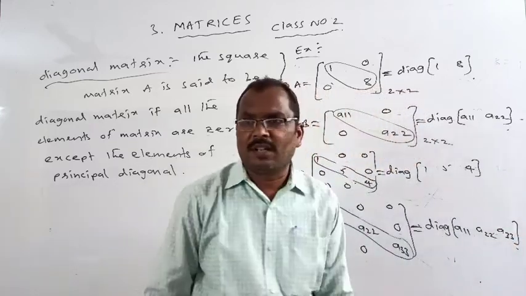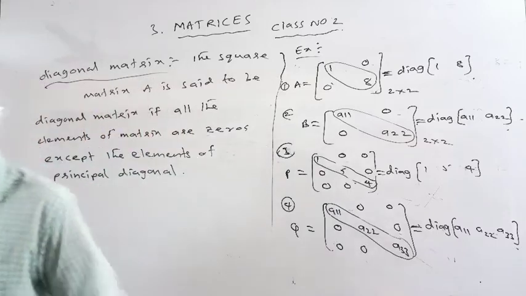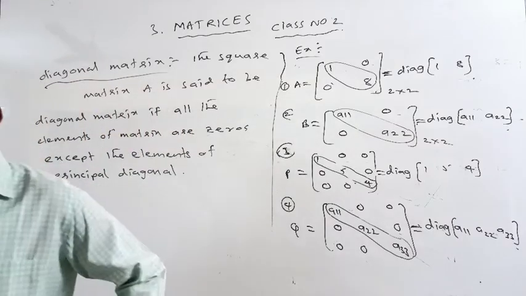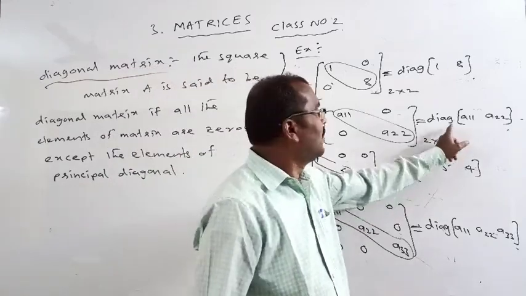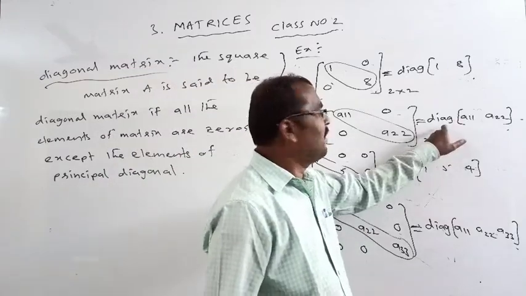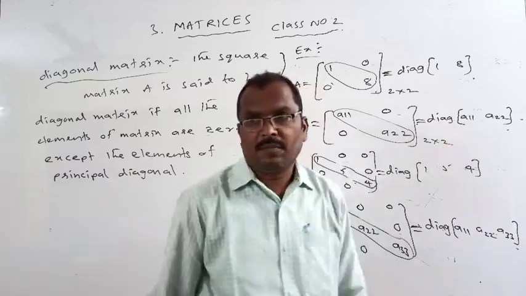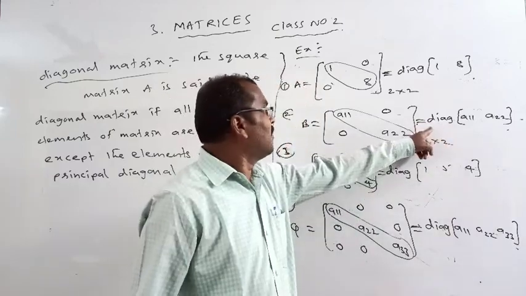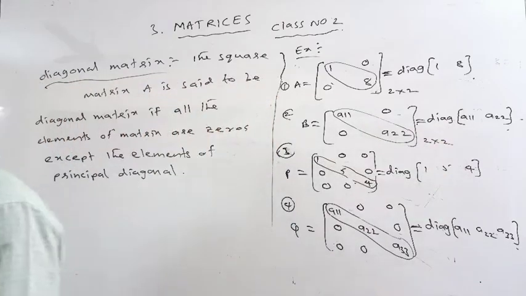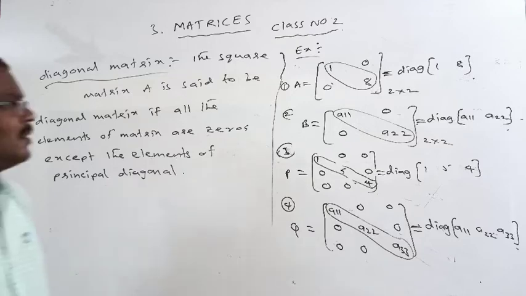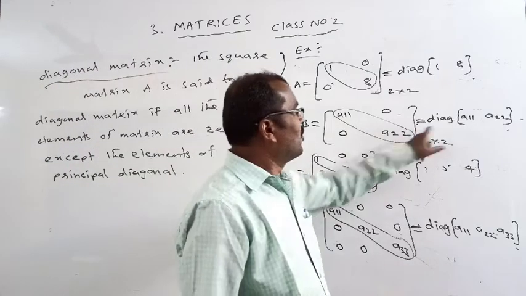No need to mention the non-diagonal elements since they are always zeros. It is an important notation when you are doing problems. Some others take the diagonal matrix like this. Give one more notation here.